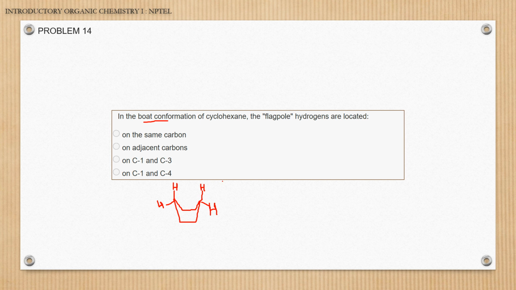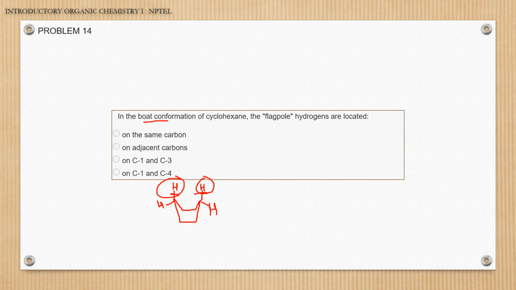Now they are asking where the flagpole hydrogens are located. In the boat conformation, there is torsional strain between these hydrogens. There is a name dedicated to these hydrogens, that is the flagpole.